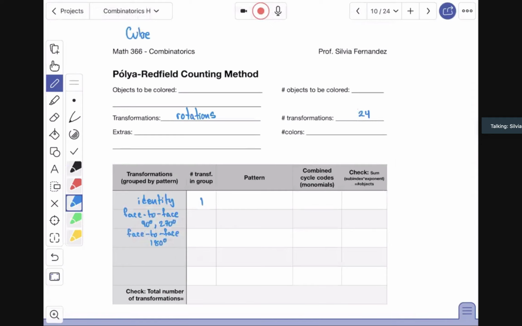So face-to-face, you place one face on top of the table, the other one is parallel, and you're just rotating like this. Okay, that's face-to-face. Now, the one that rotates 90 degrees or 270 will have the same pattern inventory. So you could just do 90 degrees. The one where you rotate 180 is different.